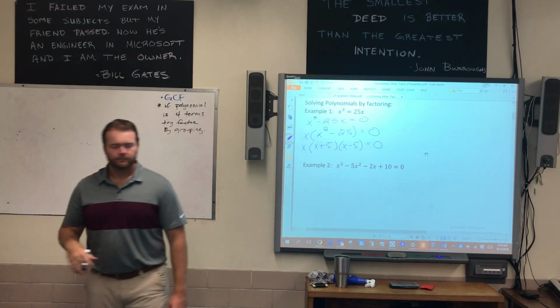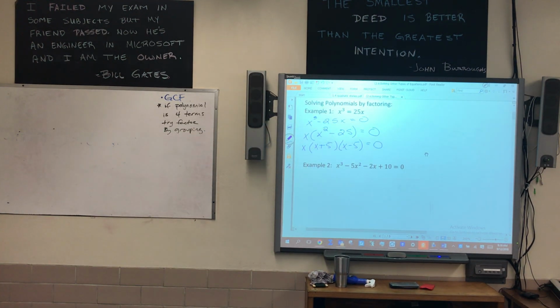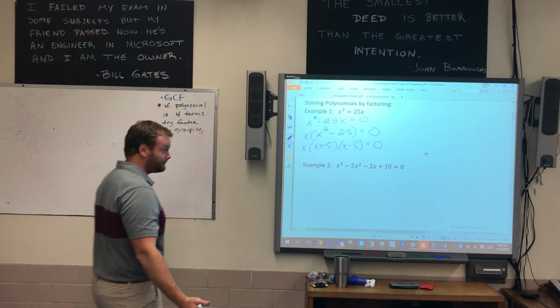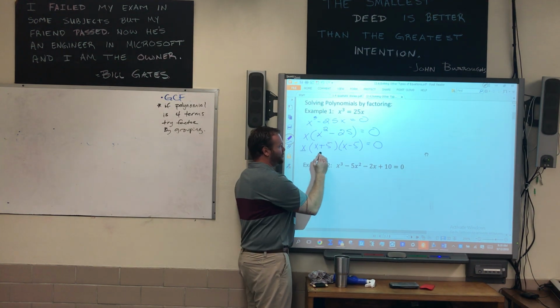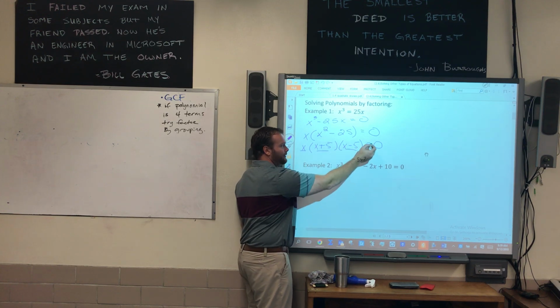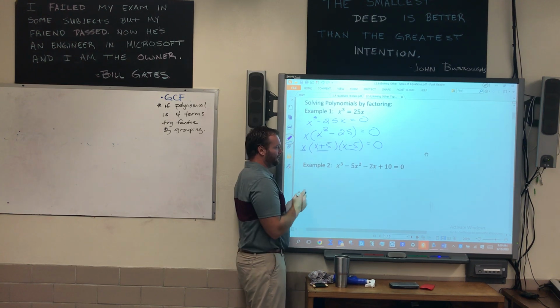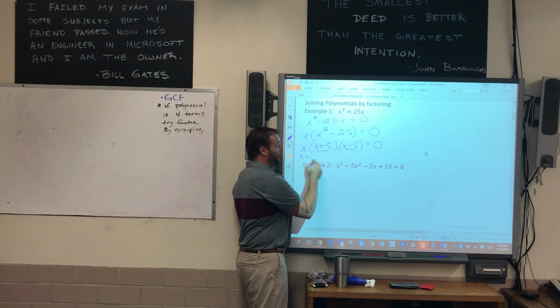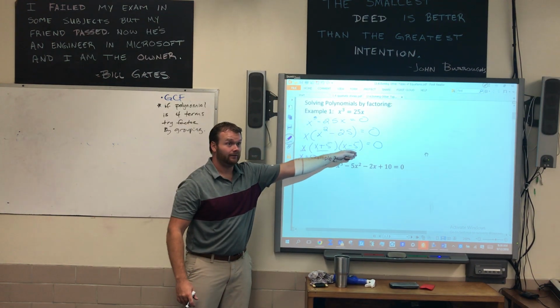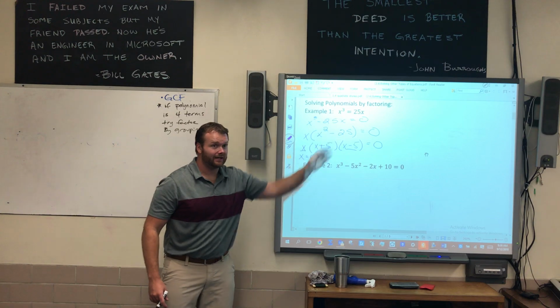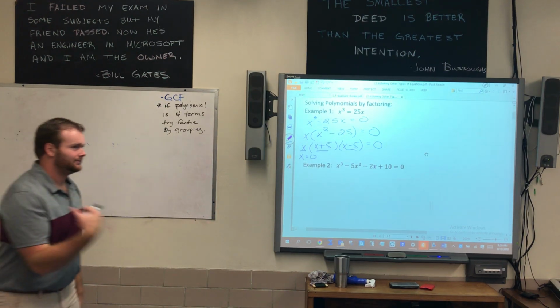And now we have three factors that multiply together to give me 0. It doesn't matter whether I have 2, 3, or 38 factors. If I'm multiplying them all together and they give me 0, what do I know about one or all 38 of them? What do I know about each one of these factors if they multiply together and give me 0? That one could be 0. Now I can make the other ones 5 and negative 5, but when I multiply 0, 5, and negative 5, what do I get? 0.